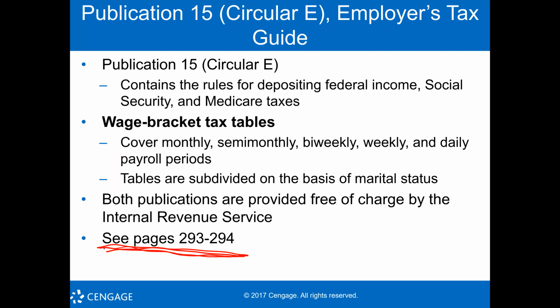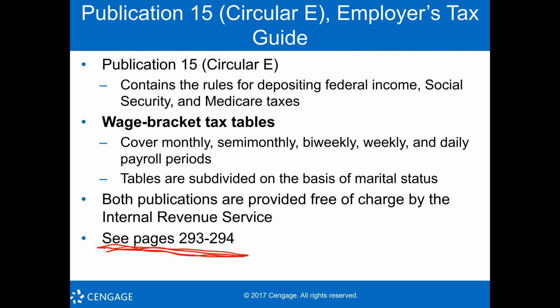We've got at least a couple pages from this publication. This publication 15, Circular E, gives us guides and tax tables for how much federal income tax to withhold. So we'll get practice doing this together in class and looking these up.